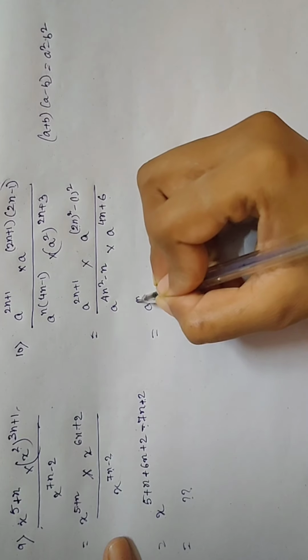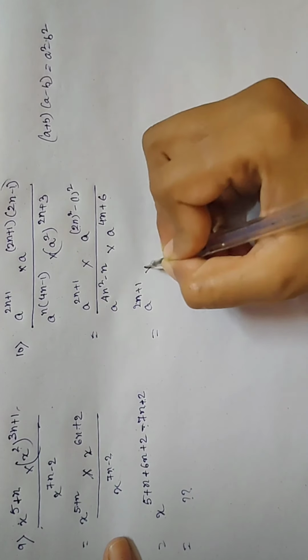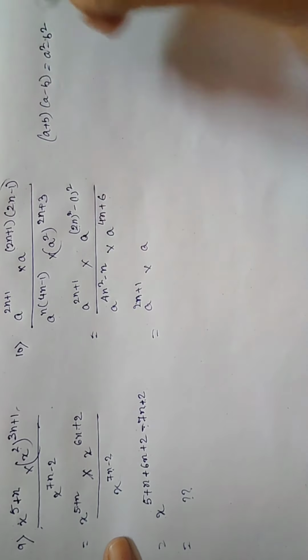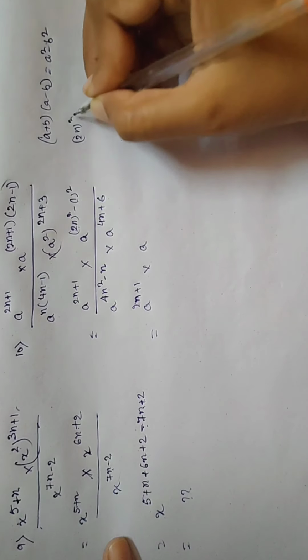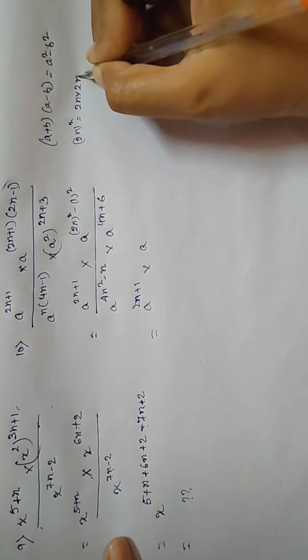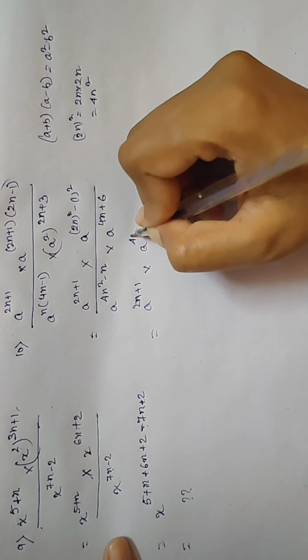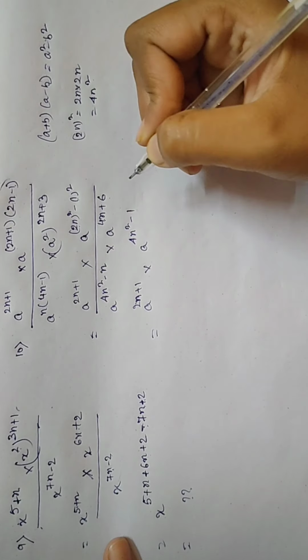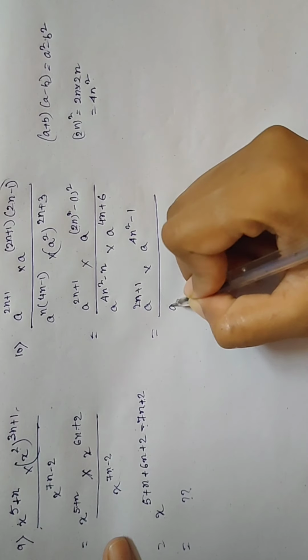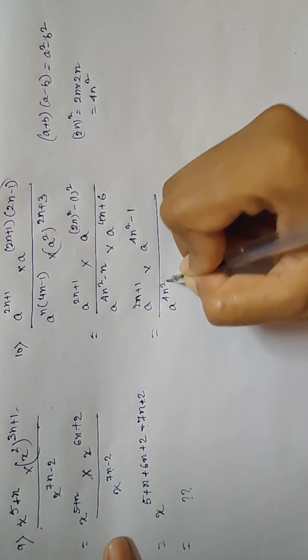Next, a to the power 2n plus 1 into a to the power 2n whole square, means 2n into 2n, that is 4n square. So we will write here 4n square minus 1, and no need to do anything in the denominator portion.